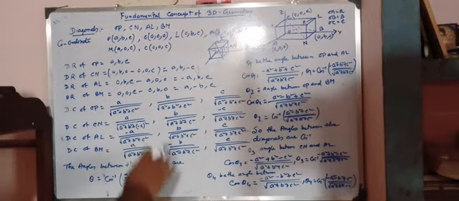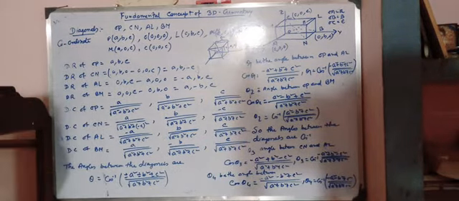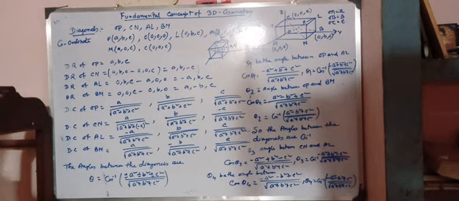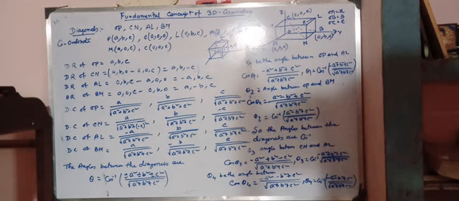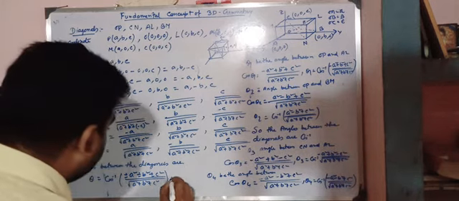Again, we should apply this formula to get my required result. What should be the value for a cube? The value should be A for a cube.